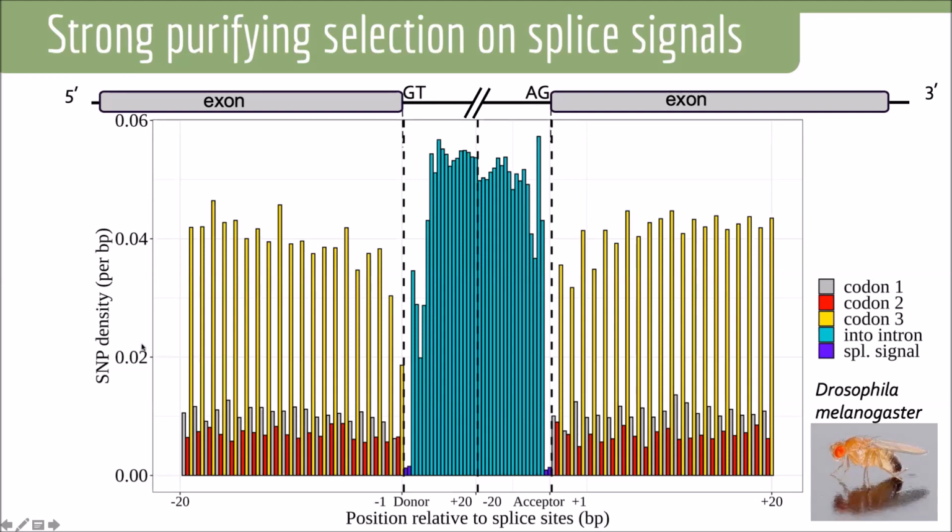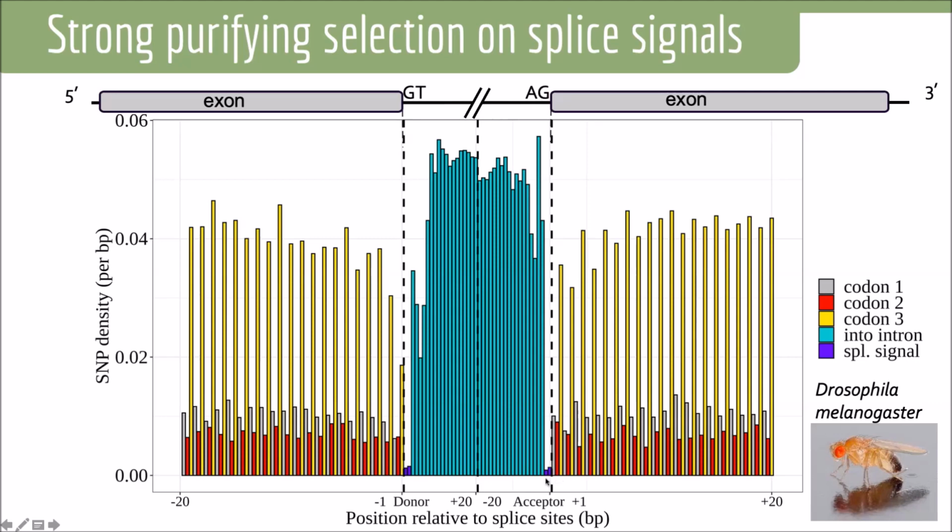And so on the y-axis, you have the SNP density. In the coding region, we distinguish the SNP density at third codon position in yellow, or first or second codon position in gray and red. The positions within the introns are indicated in blue, and the splice donor, GT, and splice acceptor, AG, are indicated in dark blue.